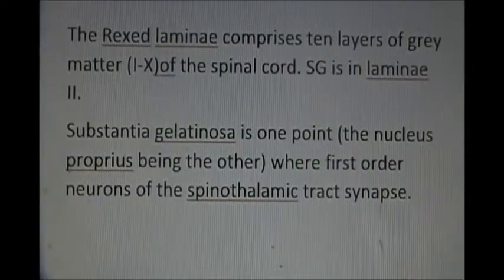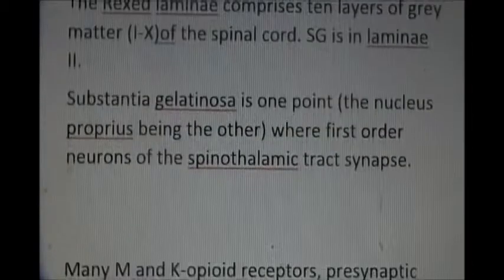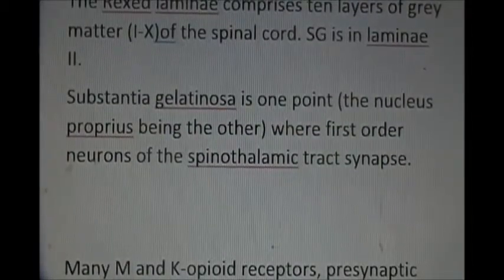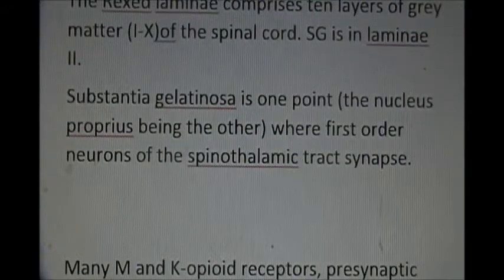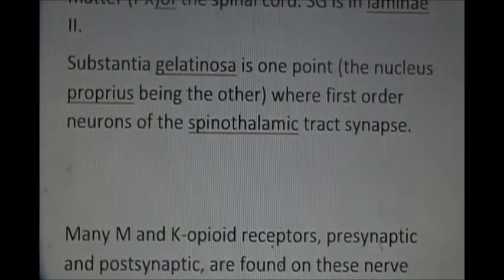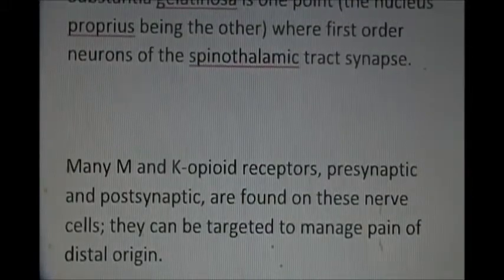The substantia gelatinosa. Substantia gelatinosa is in the lamina 2 of the gray matter of the spinal cord. It is one point, with the nucleus proprius being the other, where the first order neuron of the spinothalamic tract synapses.